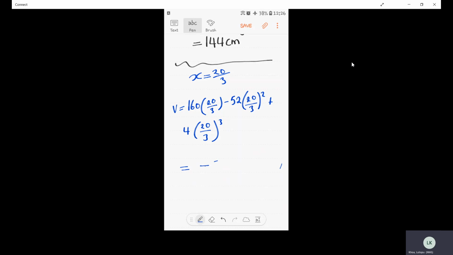So I'm getting minus 59.259. This is centimeters cubed.